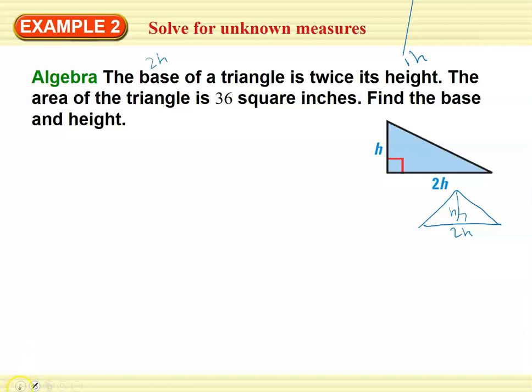And so one thing that's helpful on these kind of problems is to actually write out the area formula that you're going to be working with first. We know we're talking about the area formula because we're given the area of the triangle. So it's a triangle and the area is half of base times height. So I'm going to start with that.